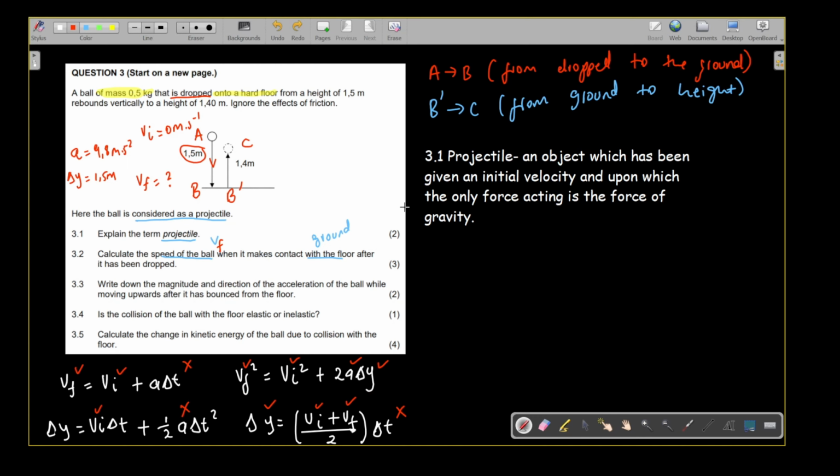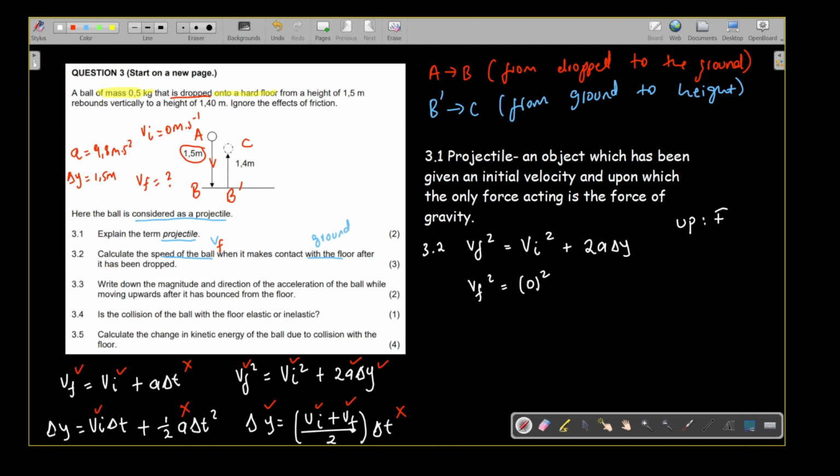Now that we know the formula we're going to use for 3.2, you would write that VF squared is equal to VI squared plus 2A change in Y. The final velocity is what we are looking for, so I'm just going to say VF squared. VI, we know is 0, but before you do this, make sure to choose your direction.